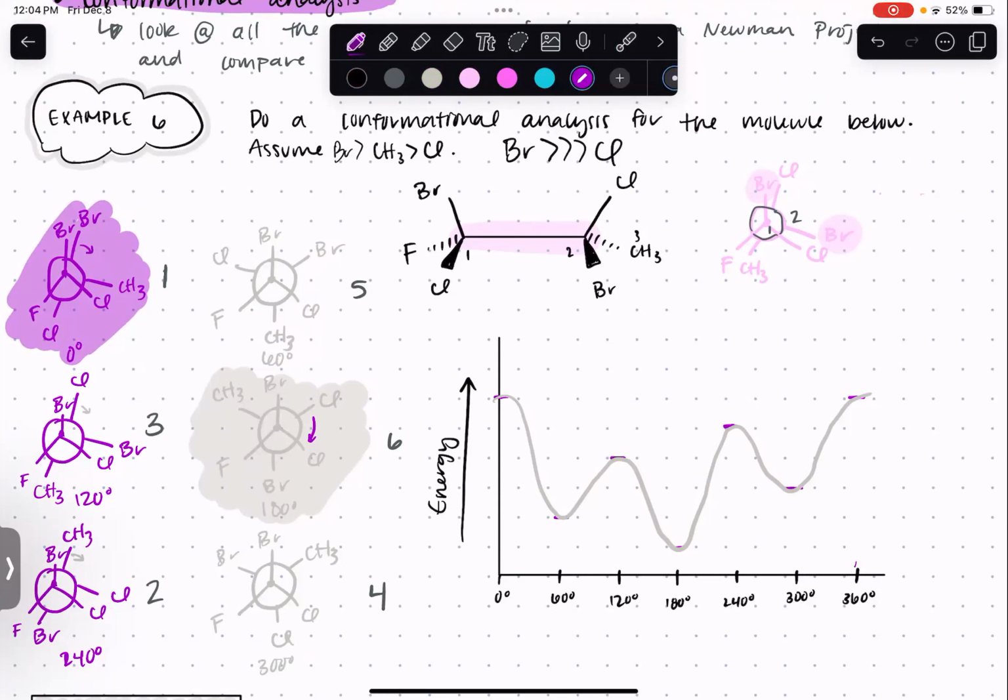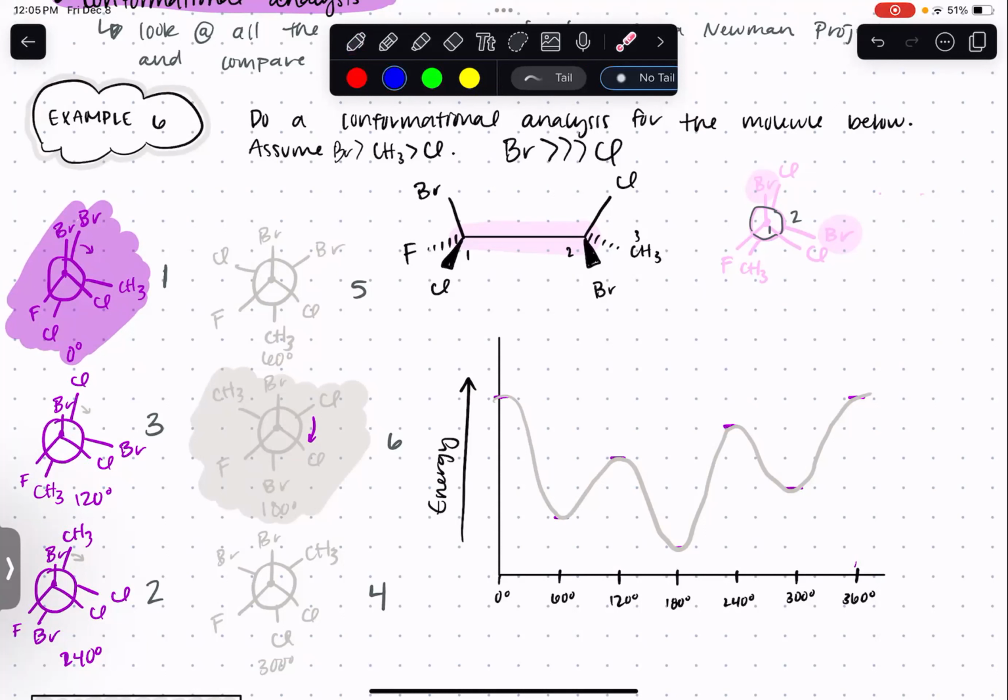Now, how do you know? I understand why the first one is the highest energy, but how'd you even get there? How did I get here? Yeah, because since the bromines are the biggest things on both carbons, because out of fluorine, chlorine, and bromine, bromine's the biggest because it's the furthest down our periodic table.